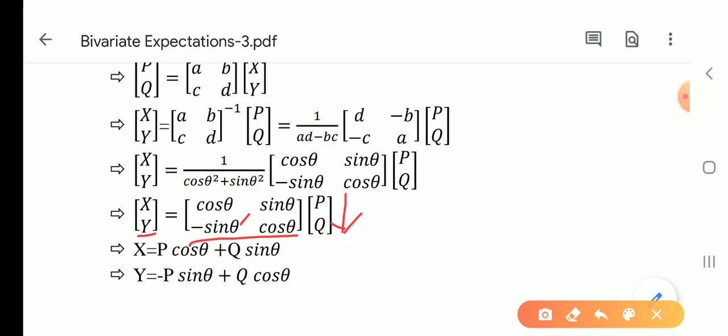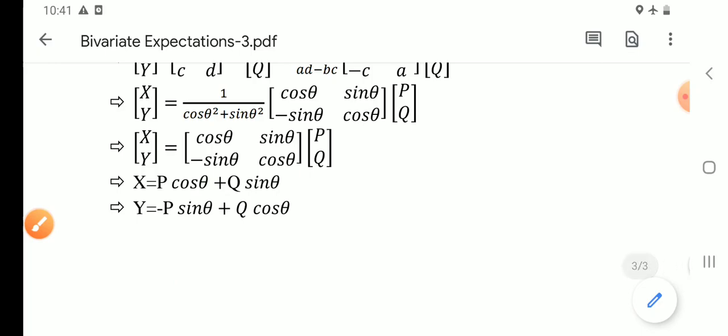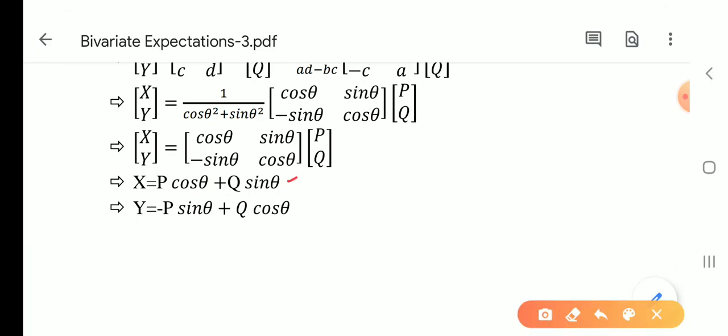That is, P into minus sin theta becomes minus P sin theta, cos theta into Q becomes plus Q cos theta. So now we have expressed XY in terms of P and Q.